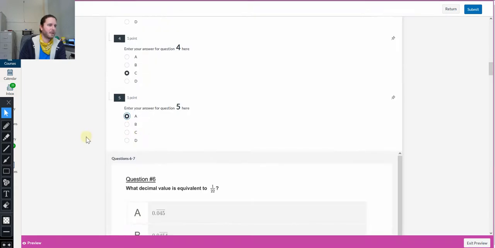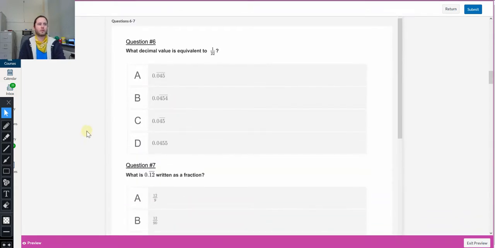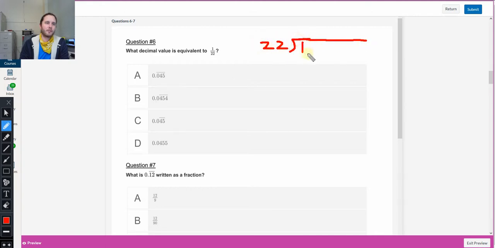Yep. Number 6, we have 1 over 22. This one's asking which one is equivalent. All right, well, let's go ahead and get started. We have 1 divided by 22. So to do this, we'll just add a decimal and a 0. Looks like we'll have to add a few zeros based on my answer choices. 22 doesn't go into 1 at all. 22 doesn't go into 10 at all. 22 will go into 100.